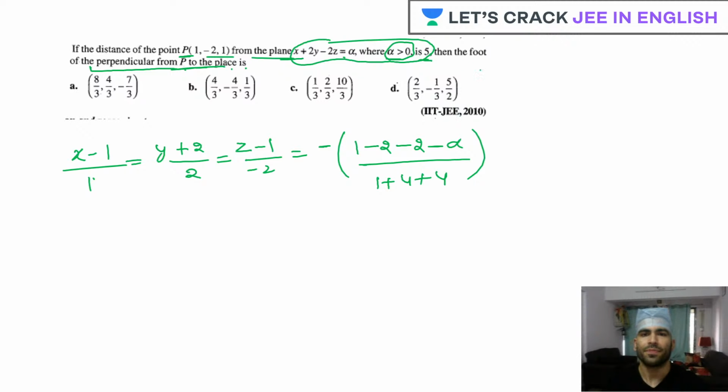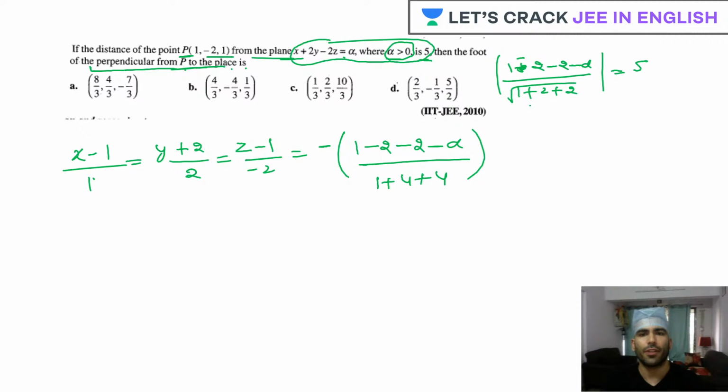Now just hang on, look at this. The given information is that this distance is equal to 5. So |1 - 2 - 2 - alpha| upon the square root of a square plus b square plus c square is equal to 5.